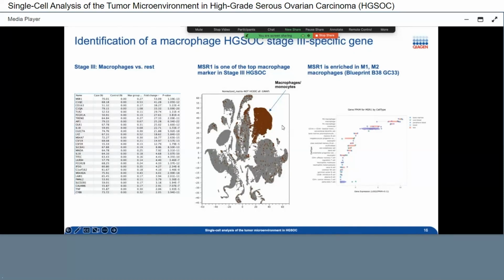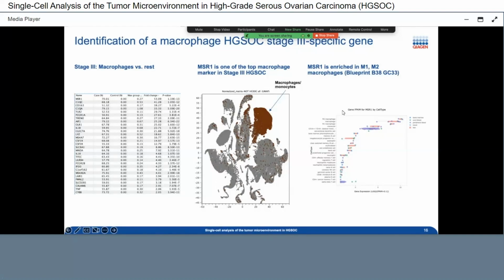So when I talk about contextualization, I wanted to know a little bit more about that marker. Where is it enriched? We are lucky to get a lot of land, so a collection of data sets. One of them is the blueprint. And the blueprint is a collection of data sets that encompass malignant and non-malignant hematopoietic cells. So here I selected in which type of cells the MSR1 marker is expressed.